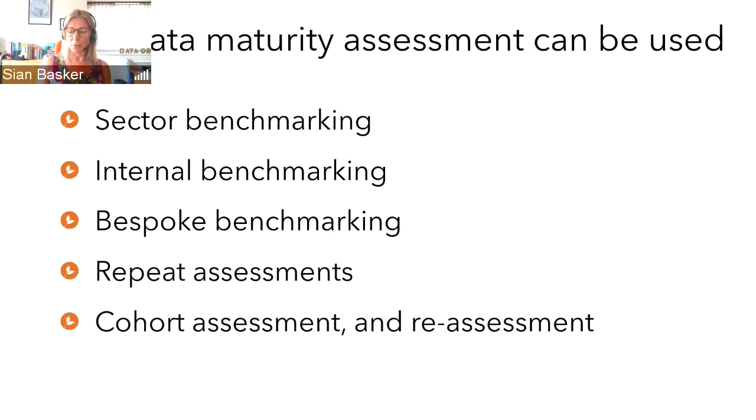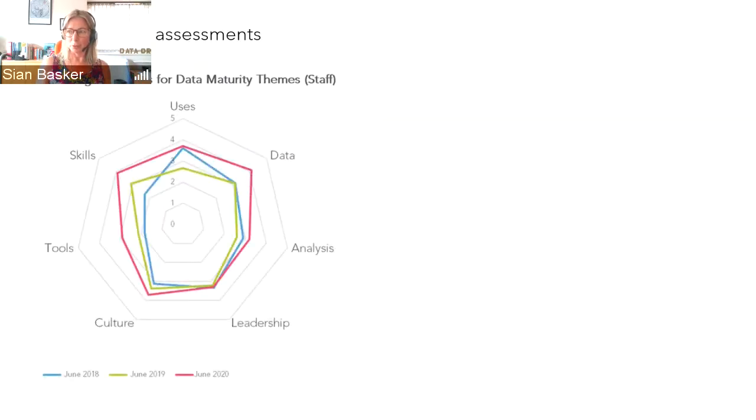So I'm just going to talk about those last two in a little bit more detail, because this is an organisation that is a cancer support charity. We're just about to do their fourth, can you believe it, their fourth data maturity assessment. Data Orchard started working with them in June 2018.